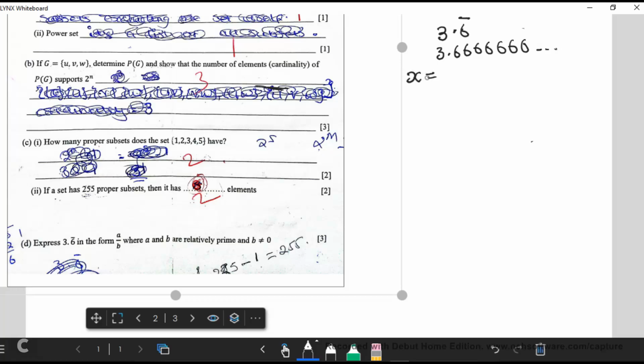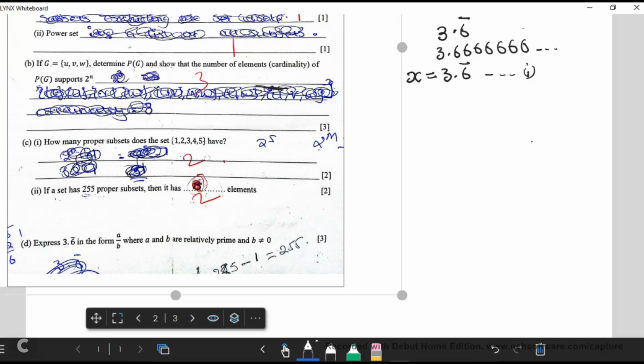You are supposed to say x. That's your first equation. If the point is in front of the number that is repeating, just say x is equal to 3.6, to show that 6 is repeating. Then on the second equation, you move the point behind the number that is repeating.